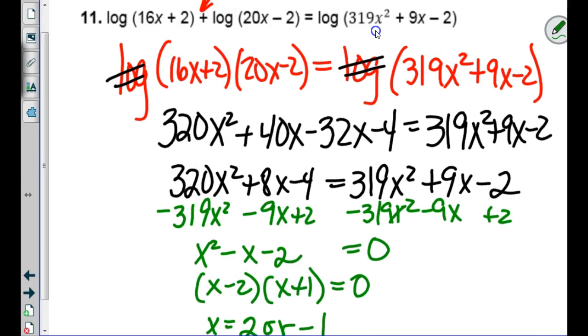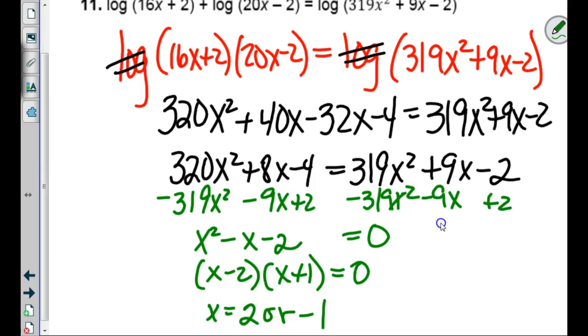On the right-hand side, actually negative 1 would be okay, because I'd square this and I'd get 319 minus 9 minus 2. But can I put a negative 1 in over here? I'll get the log of negative 22. It's not going to work. So the only answer that works is x equals 2.